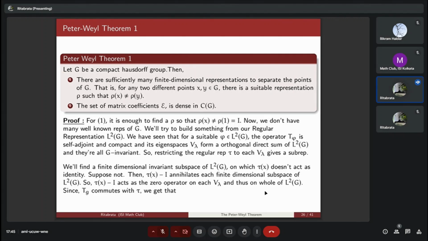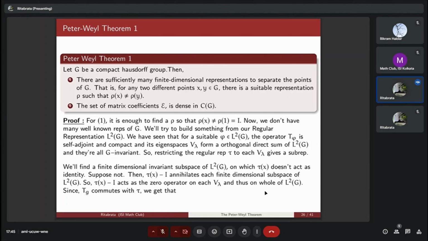Now we don't have many well-known representations of G, so we'll try to build something from the regular representation on L2(G). We have seen that for a suitable phi, the operator T phi is self-adjoint and compact, and its eigenspaces form an orthogonal direct sum of L2(G).